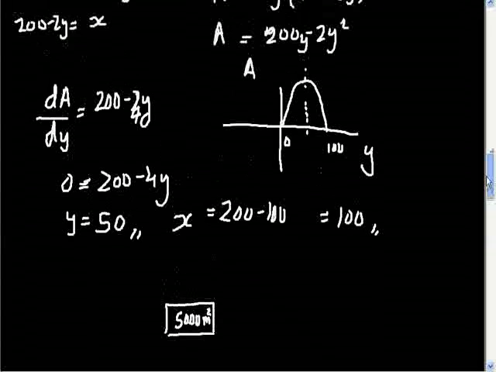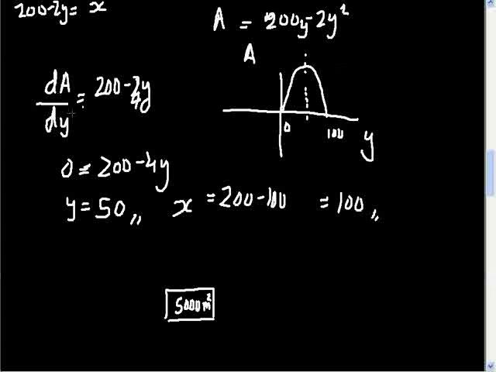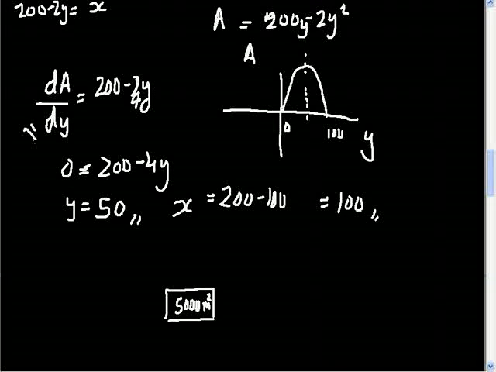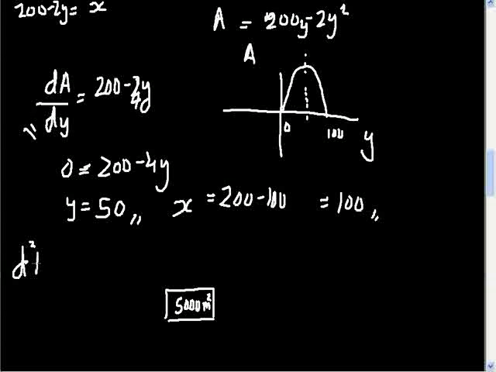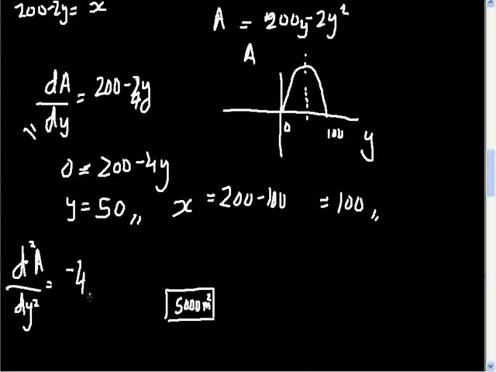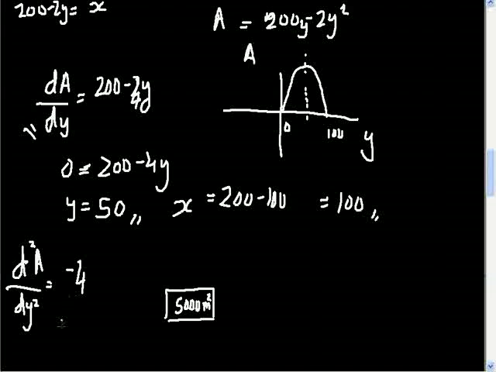All you've got to do is the second differential. That's the first differential. If I do the second differential, d squared A over dy squared is equal to minus 4. Because my second differential is negative, that's indeed a maximum.